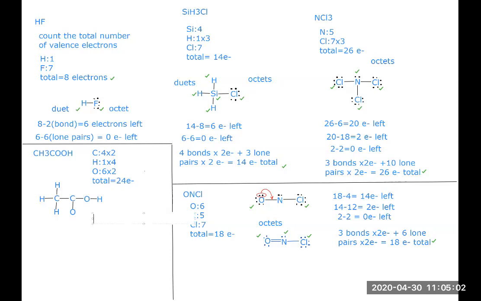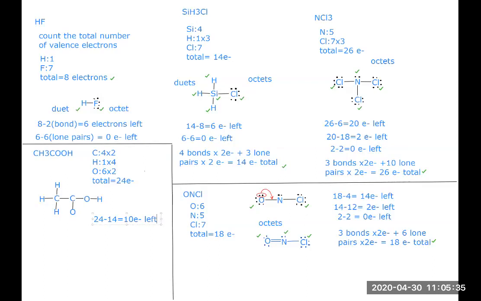We started with 24 minus, we have 1, 2, 3, 4, 5, 6, 7 bonds, 7 bonds times 2 electrons. So that's 14 electrons. That's 10 electrons left. So we've used 14 electrons by doing those single bonds. We have 10 electrons left.